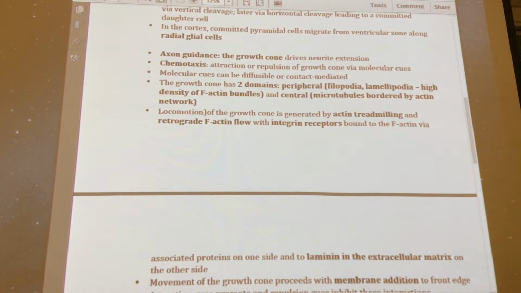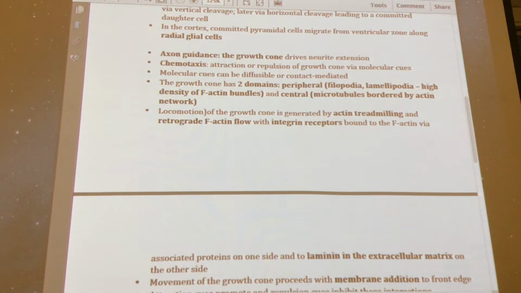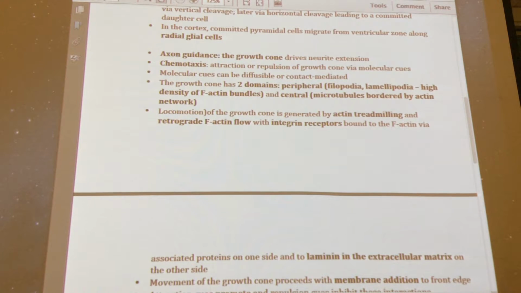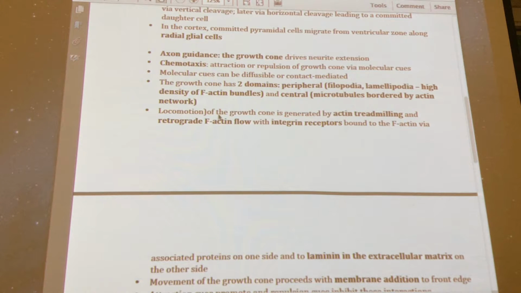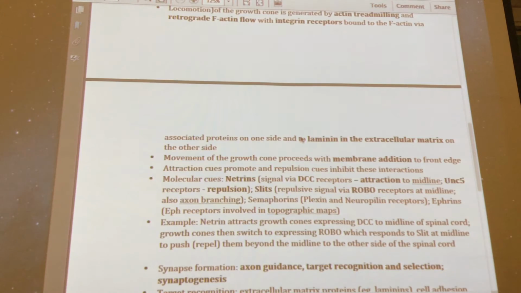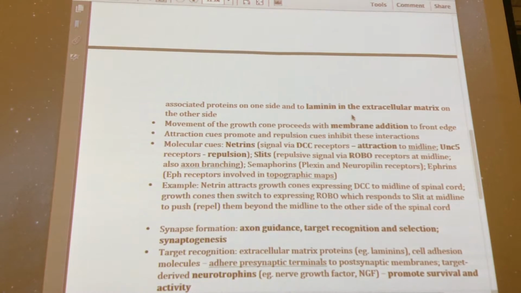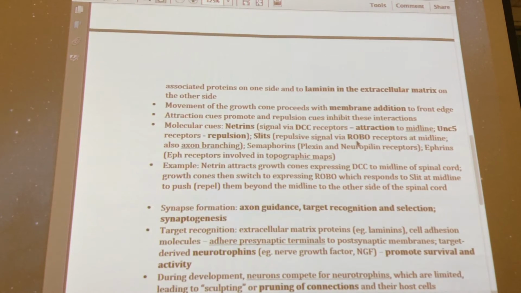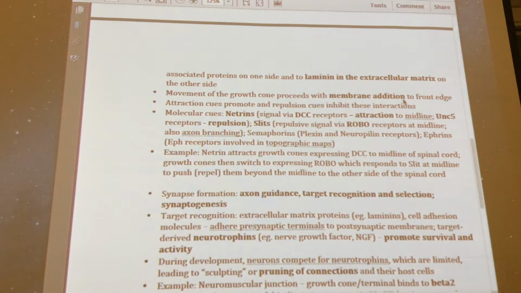So we talk about actin treadmilling that generates retrograde F actin flow. Where's my mouse? Who knows where my mouse is? There it is. And that's through, this is split, sorry, between integrin receptors, the F-actin associated proteins on the inside, laminin on the extracellular side. So membrane in addition to the front.